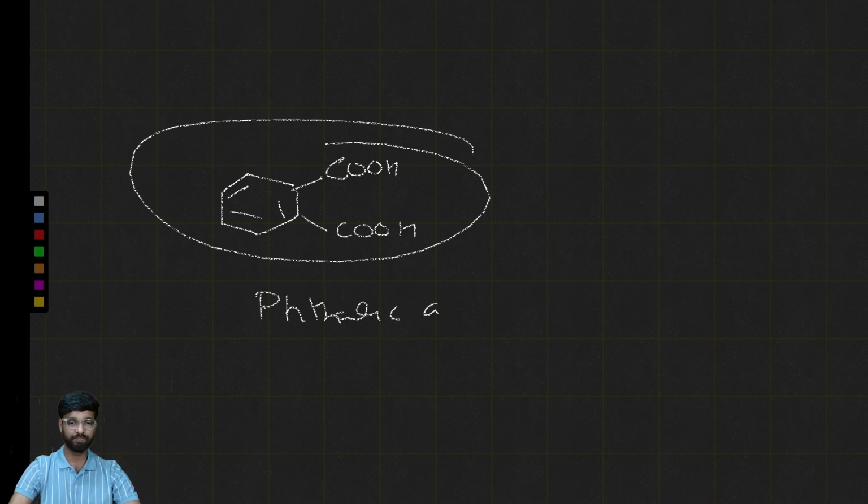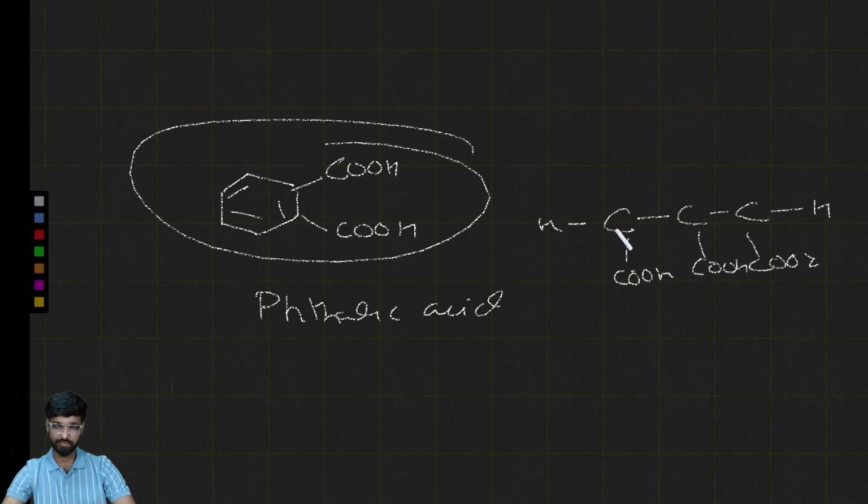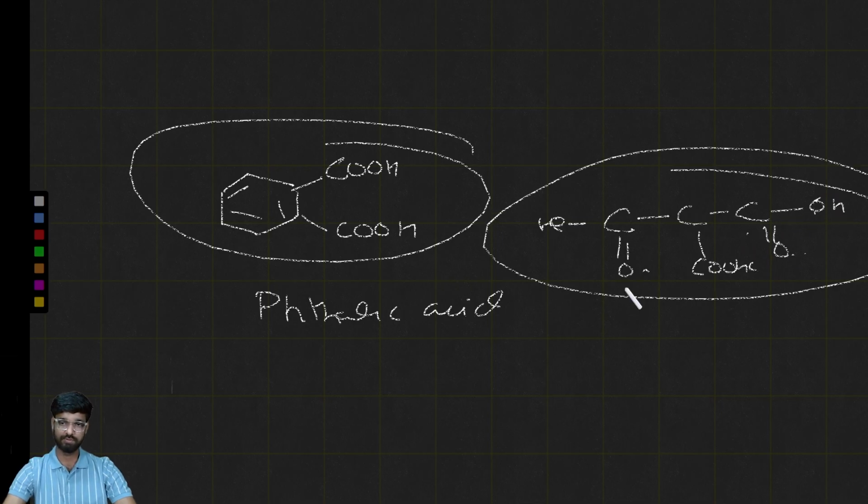Also, we have seen some di- and tricarboxylic acids, like the one was adipic. So we have H here, COOH, COOH, H here, COOH. Okay, sorry. OH, COO, and OH, COO. So this is tricarboxylic acid.